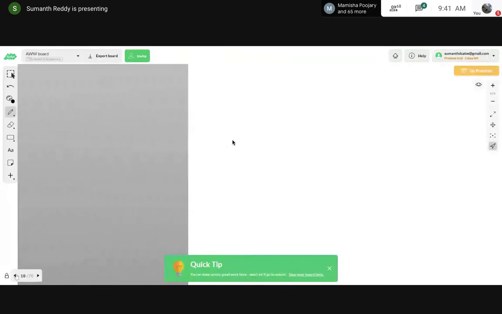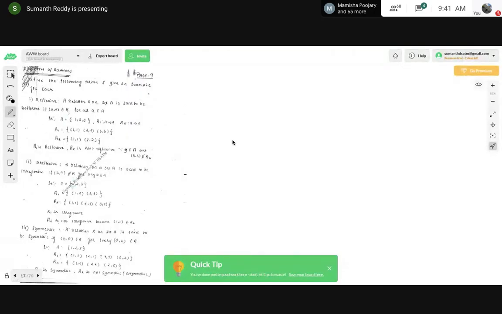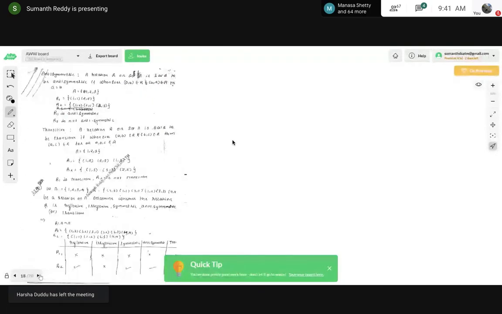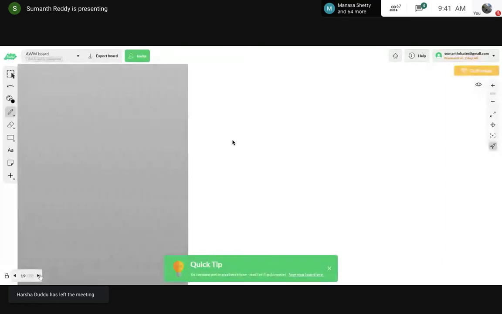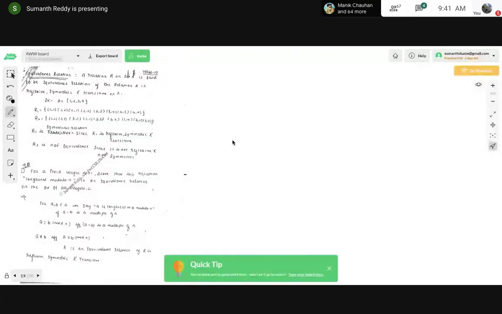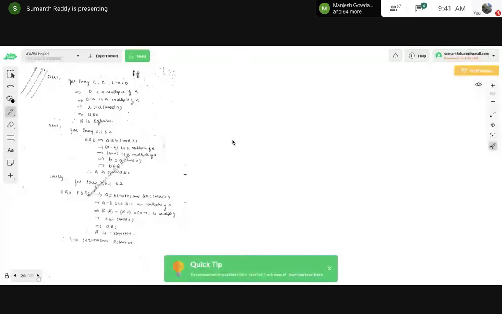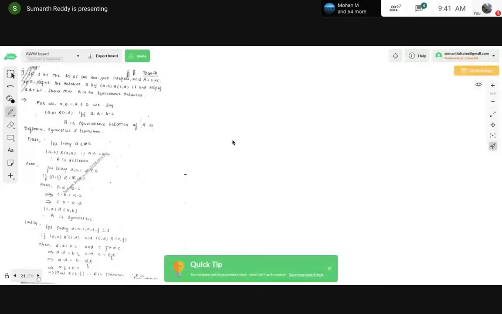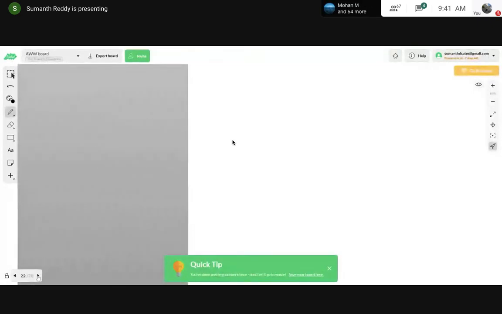And different properties of the relations, like reflexive, symmetric, transitive, and a few examples I have given. Okay, congruent. And we have started with equivalence relations, right? So first I have completed the equivalence class and partitions, right?